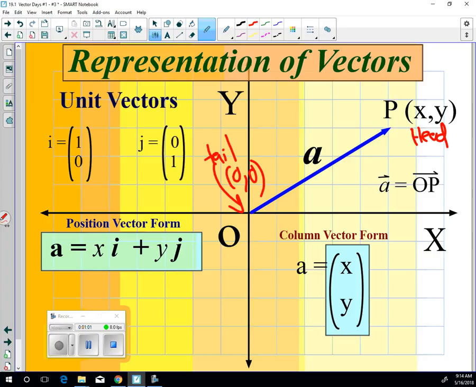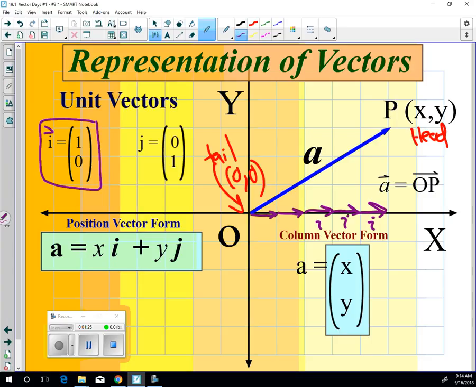Now, to describe this vector, we can describe it in terms of what we call unit vectors, vectors of length 1. And we'll use i and j. It's a little confusing because complex numbers use i as well, but i is in the x direction. So each one of these in the x direction is a unit vector i.